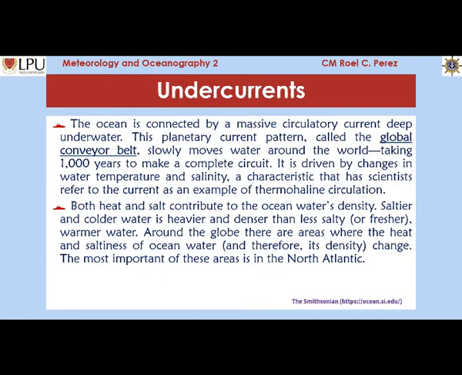I have explained the thermohaline circulation during the first part of our lesson. So later on, I will put a video in our LMS regarding this conveyor belt, just for you to watch and to be informed about what is happening.